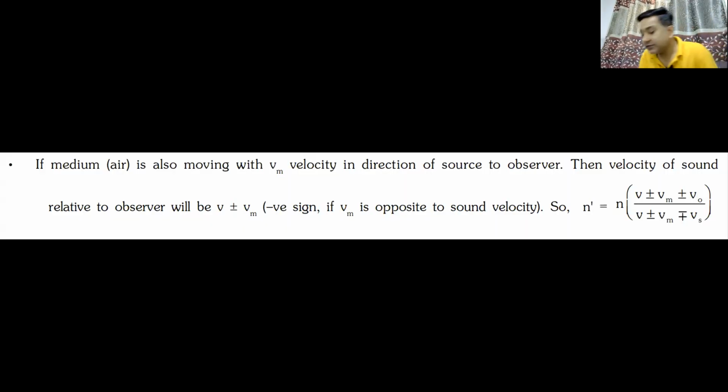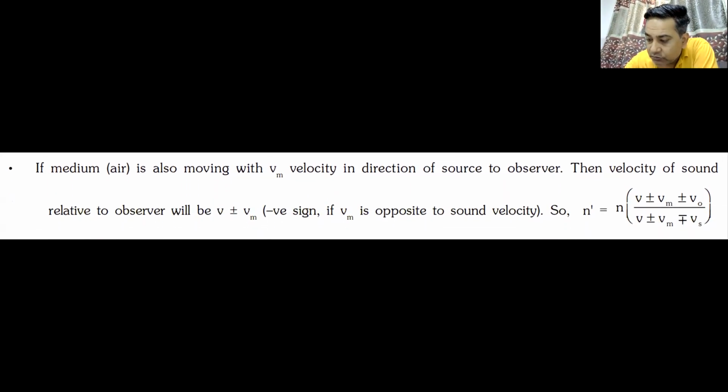So here comes a single formula. If you can remember this, you can use this. This is the formula that I wanted to show you. Frequency n dash or f dash is n into v plus or minus vm plus or minus v naught, divided by v plus or minus vm.